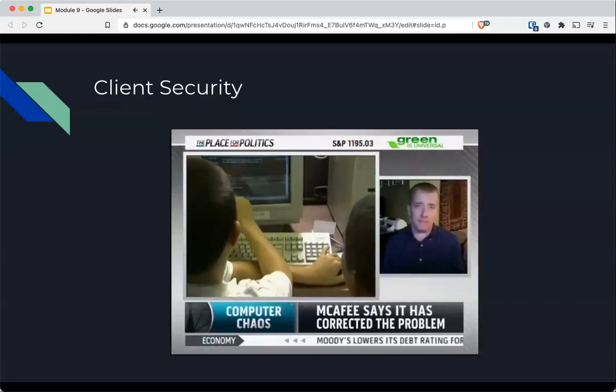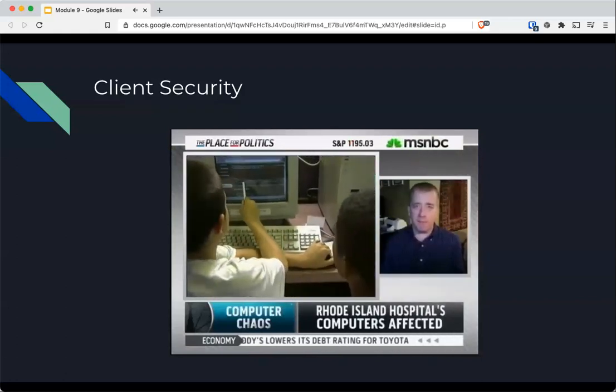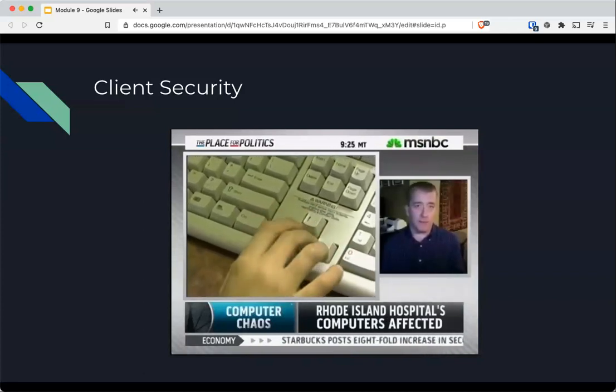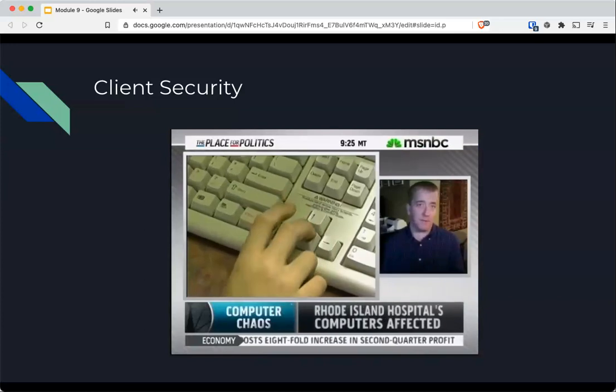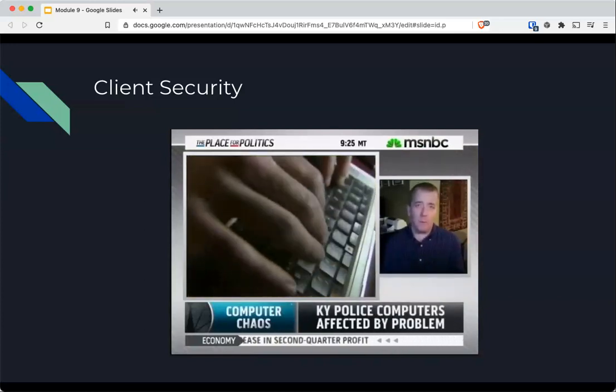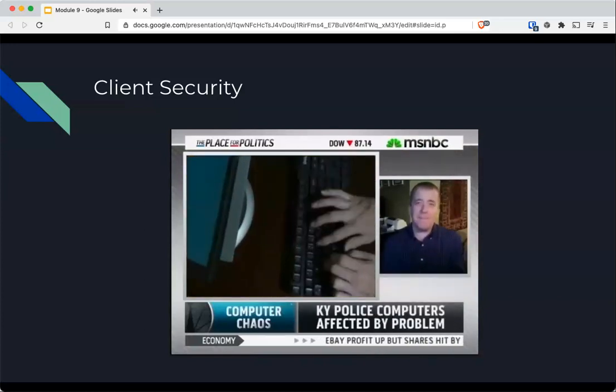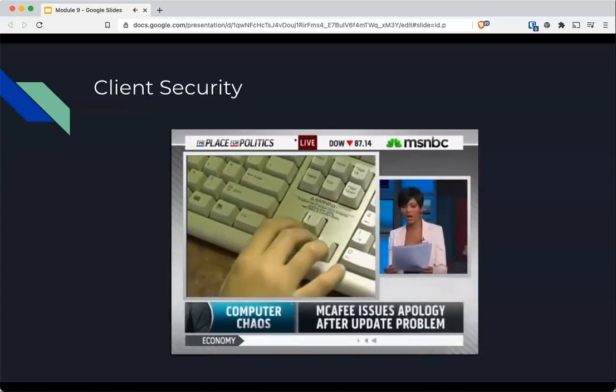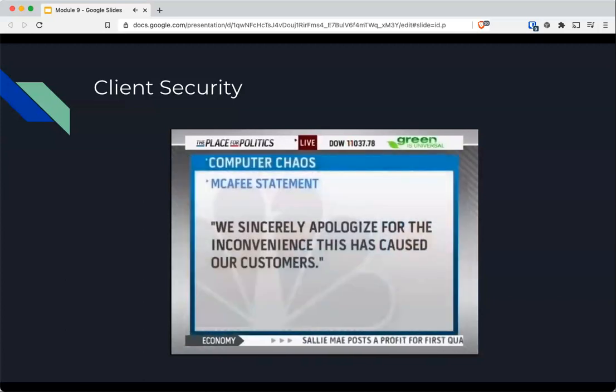And what's interesting was it was literally minutes before our 300-seat computer lab was going to check into the McAfee server to download the update. And McAfee issued a statement saying that we sincerely apologize for the inconvenience this has caused our customers. How many people potentially did you see affected by this yesterday?